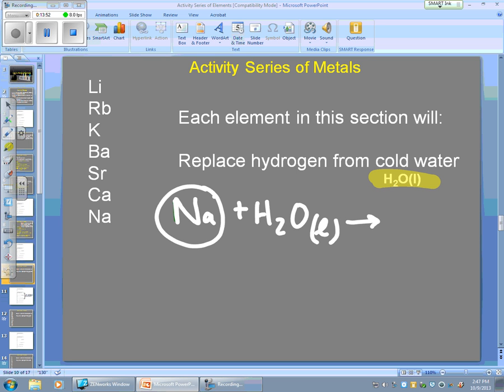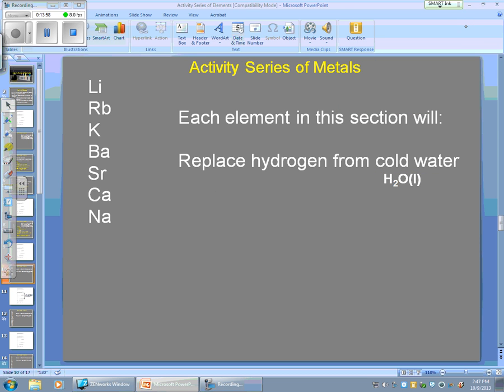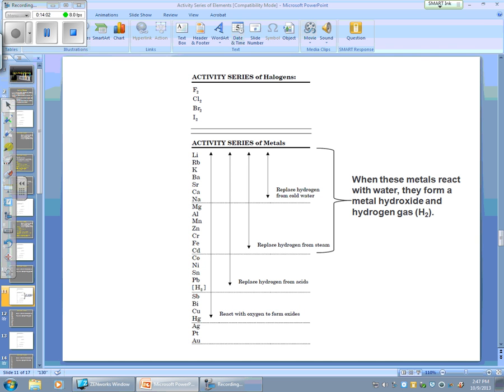So what does it do? Well, we have this on your activity series, and here, it's in my handwriting. I say when these metals react with water, they form a metal hydroxide and hydrogen gas. So what I want you to do again with your highlighter or a different colored pen, is highlight metal hydroxide.